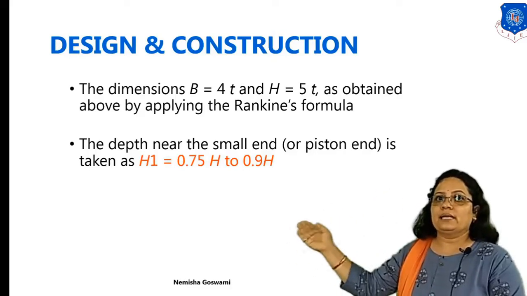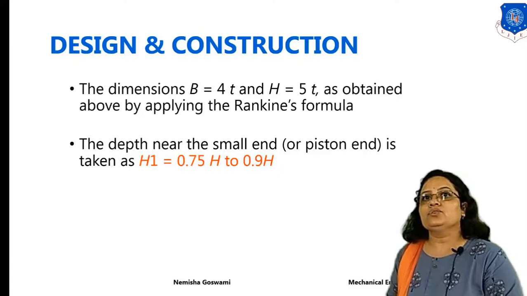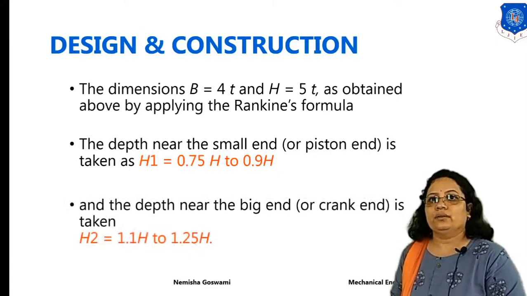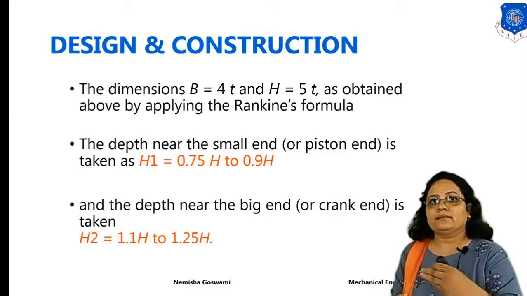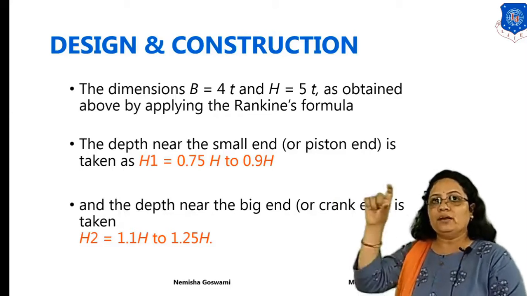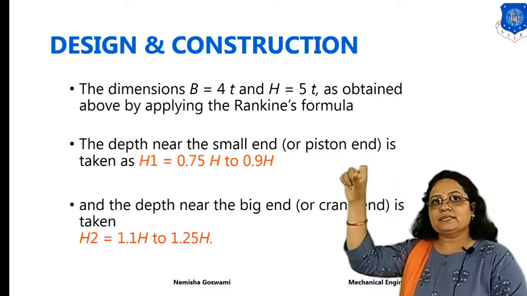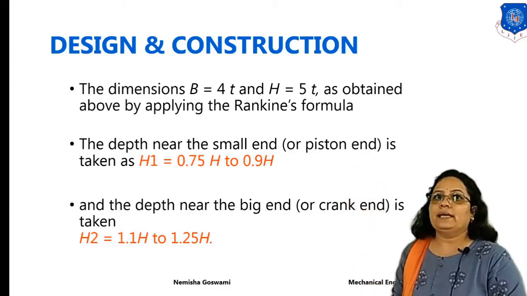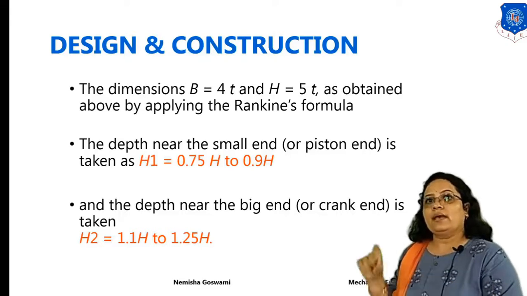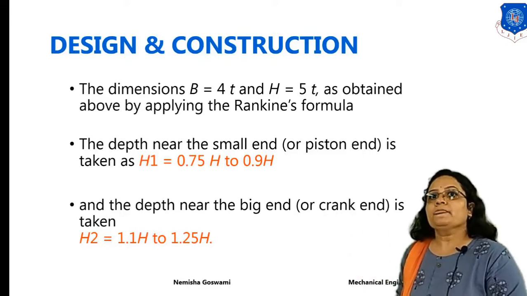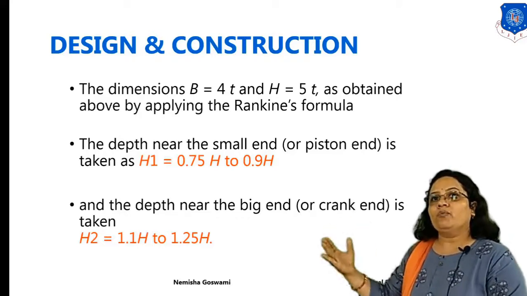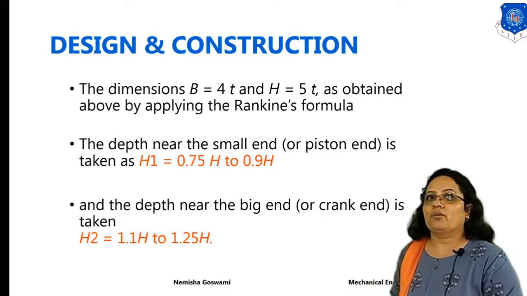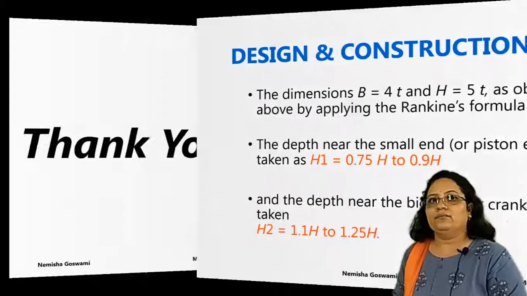It is denoted by H1 equal to 0.75 H to 0.9 H. Connecting rod is connected on one side with the piston and on the other side with the crank, so we have to find the depth on the piston pin side, and next is the crank pin, right? So H1 we have found. Similarly, the depth near the big end or crank end is taken as H2 equal to 1.1 H to 1.25 H. So this is the standard value.